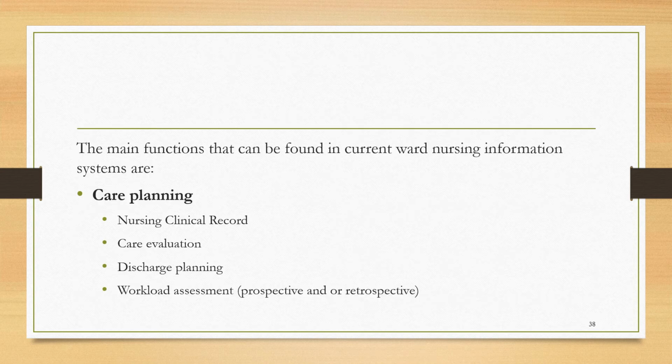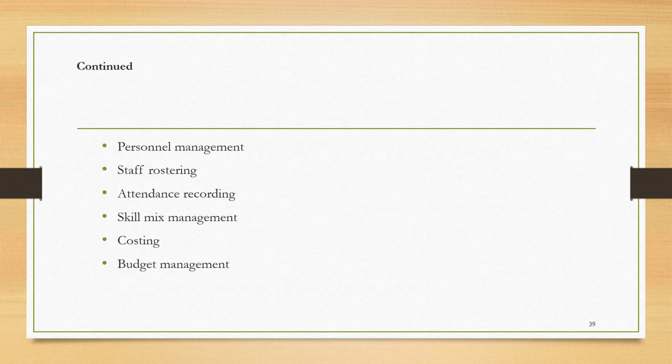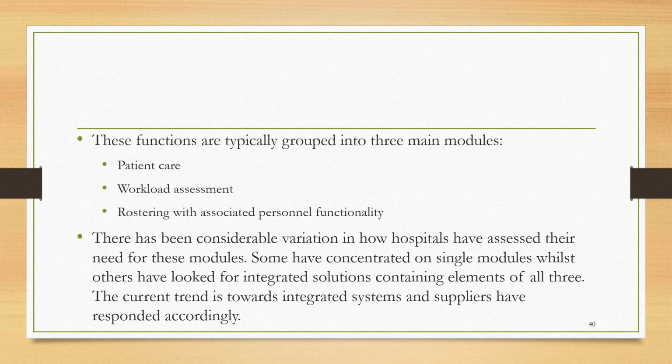The main functions that can be found in the current world's nursing information systems are care planning, such as nursing clinical records, care evaluation, discharge planning, workload assessment, prospective and retrospective, personal management, staff rostering, attendance recording, skill mix management, costing, budget management.